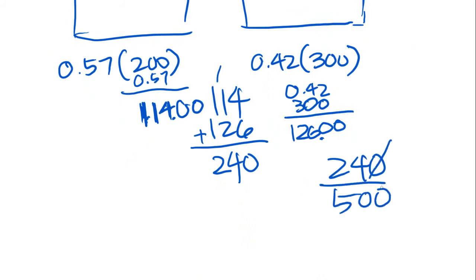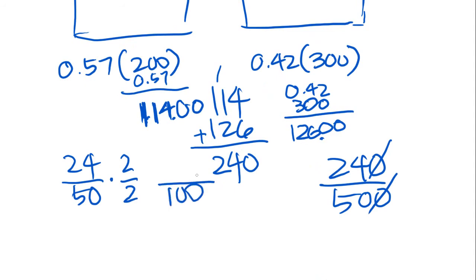So lop off the 0, you get 24 over 50. If you multiply both sides by 2, that turns into 100, which will get you the percentage 48. And 48% is answer choice C. Sorry, that was a little messy there.